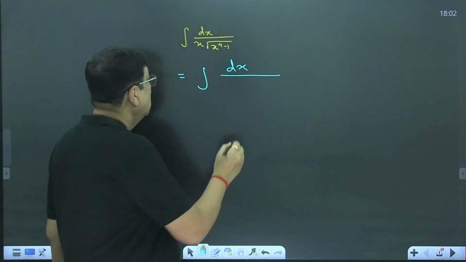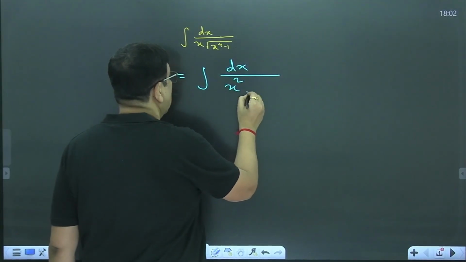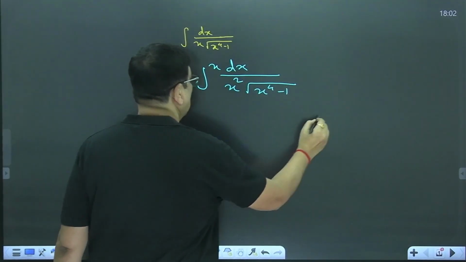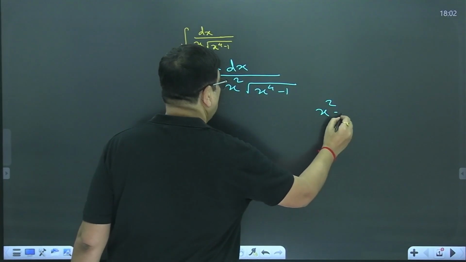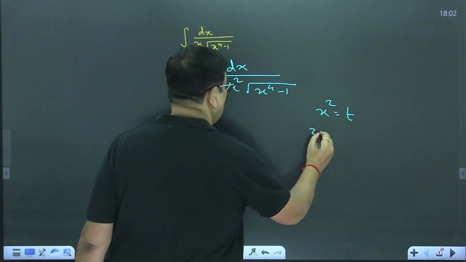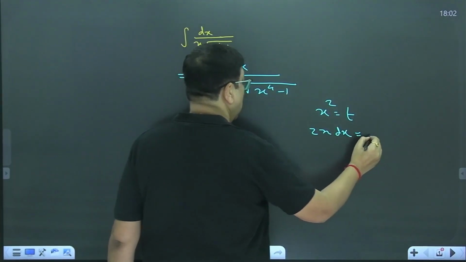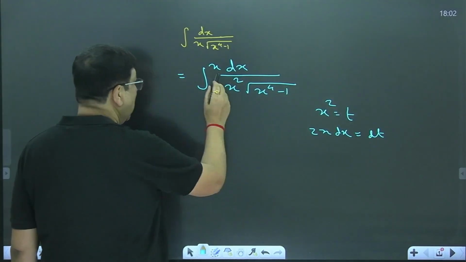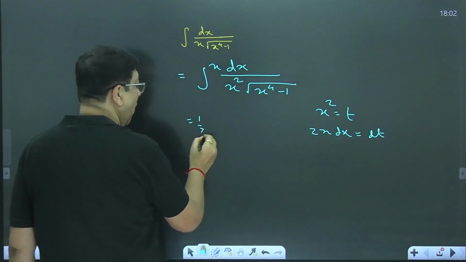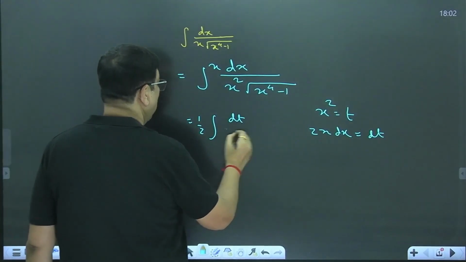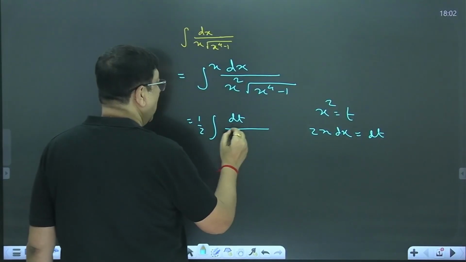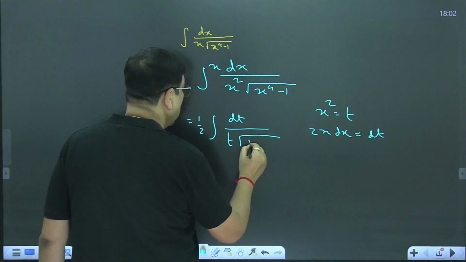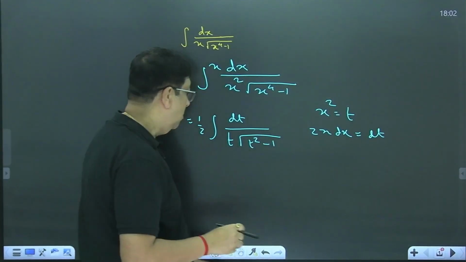So we'll multiply by x in the numerator and denominator. Taking x square equal to t, 2x dx equals dt, so x dx can be replaced by half dt. In this case, what is coming is t into root over t square minus 1.